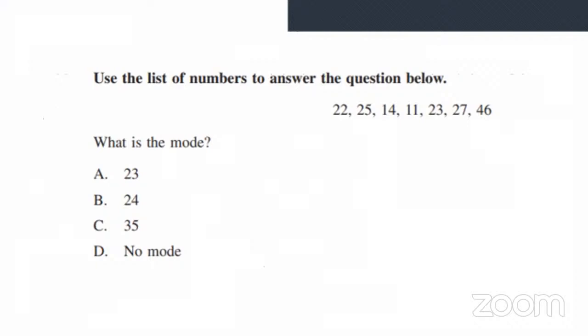So all the numbers appear once, and so 23 cannot be the correct answer, 11 cannot be the correct answer, and those numbers that you're listing cannot be the correct answer because they're there only once. And mode has to do with the frequency at which a number appears.